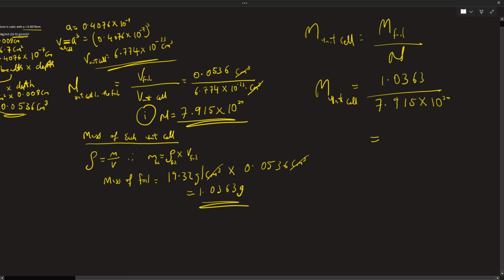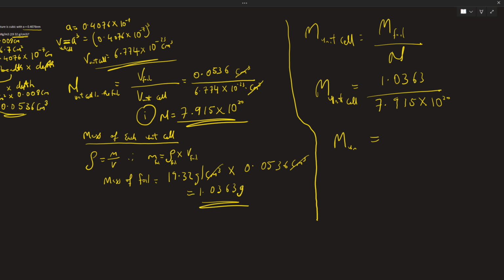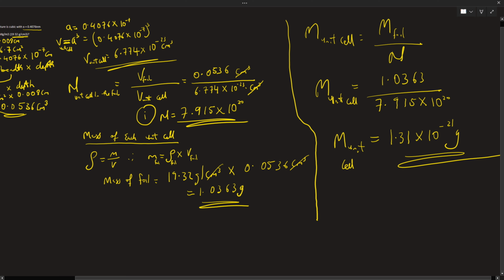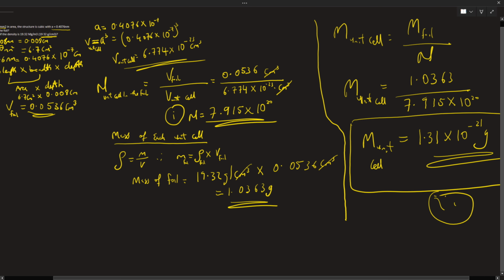So our answer for the mass of unit cell is equal to 1.31 times 10 raised to the power minus 21 gram, since it is mass. So this is our mass of unit cell. We were told to look for this, and this is our number 2.